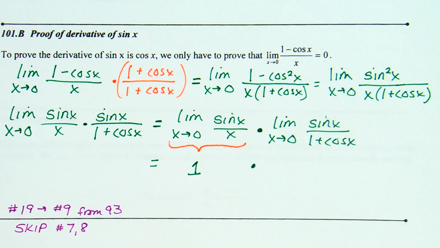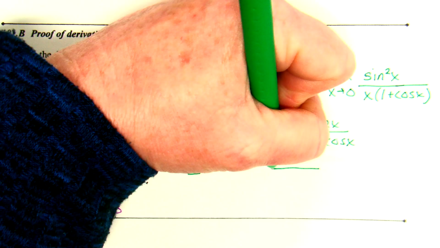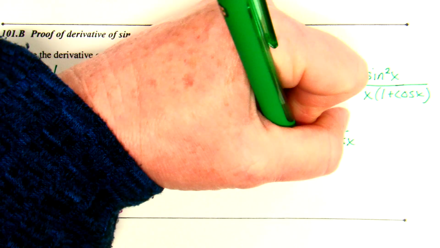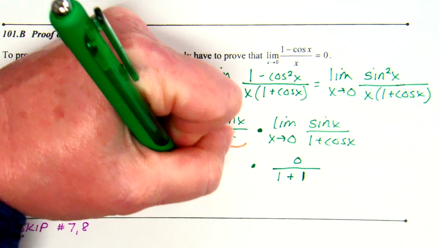Maybe plug in 0. Yeah, if we plug in 0, it works now, doesn't it? So sine of 0 is 0 over 1 plus cosine of 0, 1. Although what is 0 over 1 plus 1? 0. And what is 1 times 0?